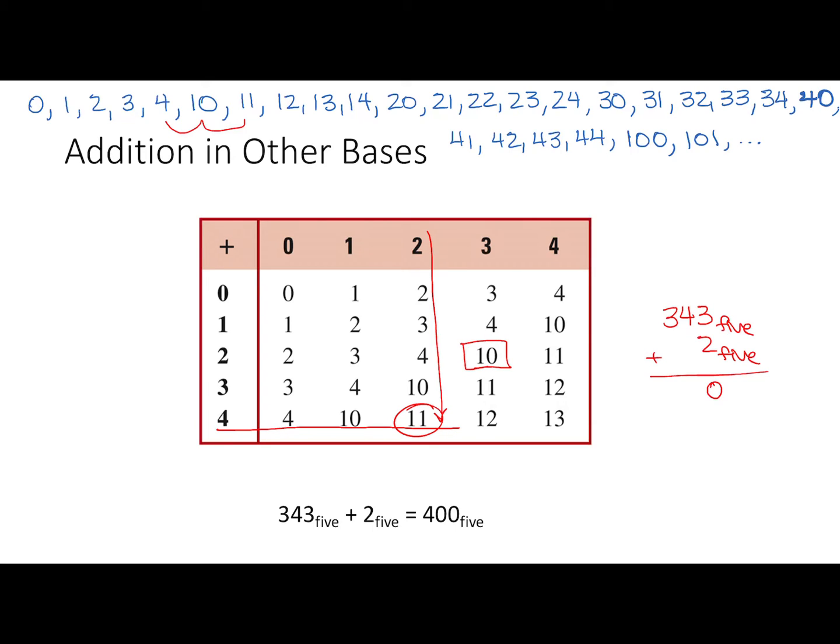Let's use the standard algorithm. I'm going to put my 0 ones down below, and I'm going to carry my 1. Now I have 1 plus 4. That also is 1, 0. So I'm going to put my 0 down below and carry my 1. And then 3 plus 1 is 4. So that's where that's coming from.